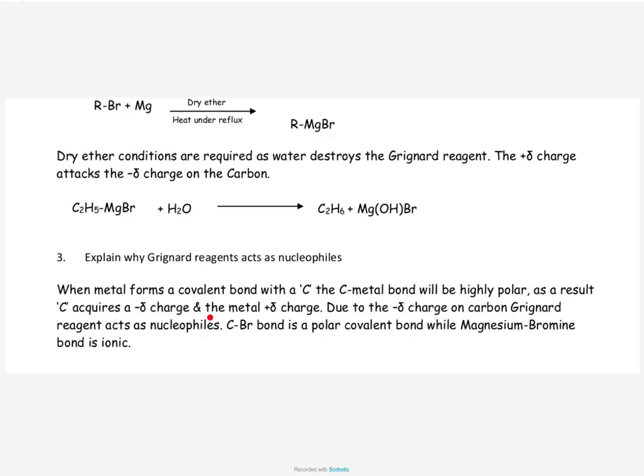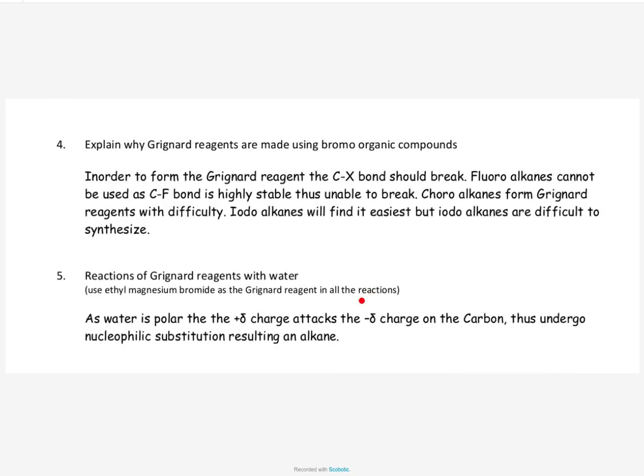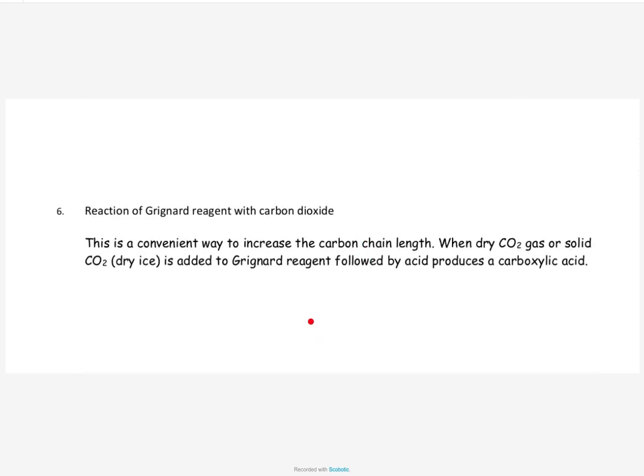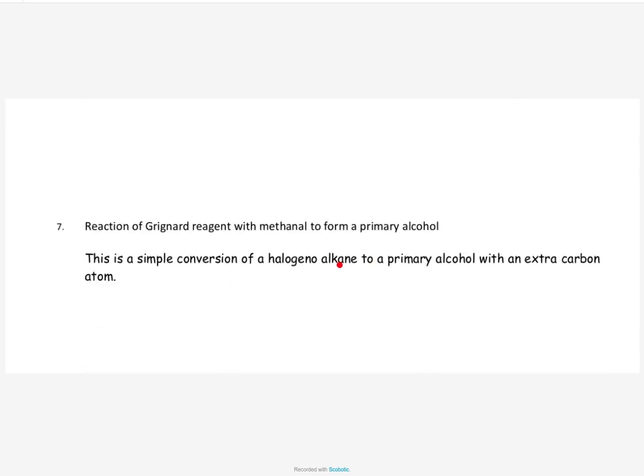This Grignard reagent is a nucleophile. When you react it with water, you get the alkane, and reacting with carbon dioxide, you get a carboxylic acid. Reacting Grignard reagent with methanal, it will give you a primary alcohol.